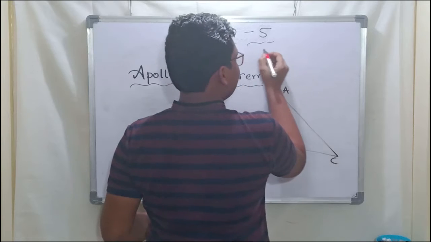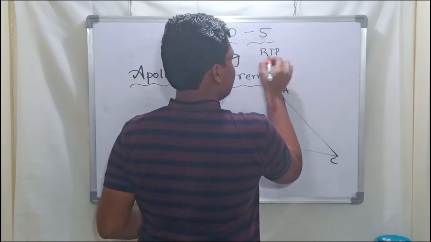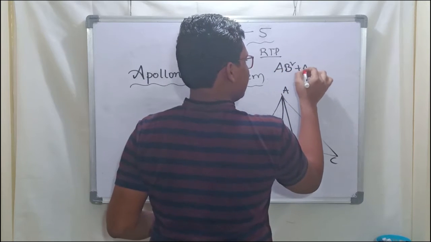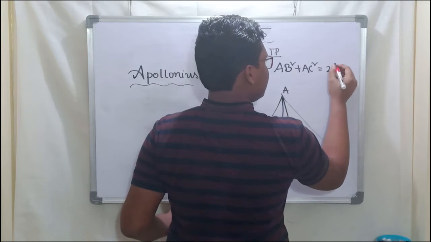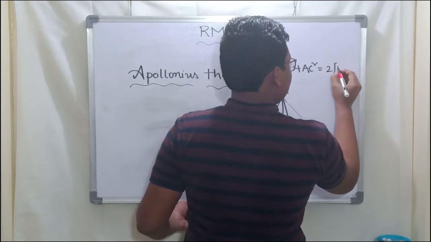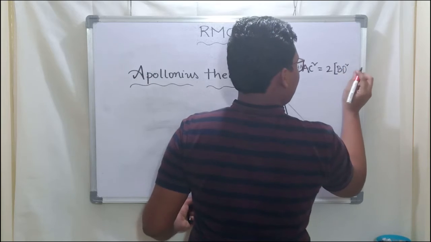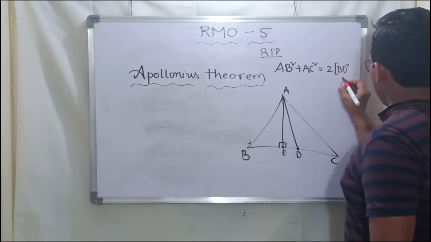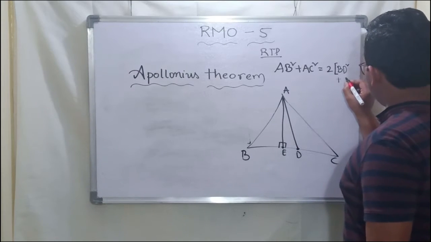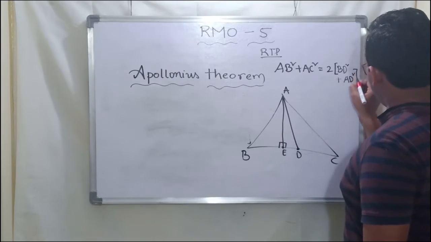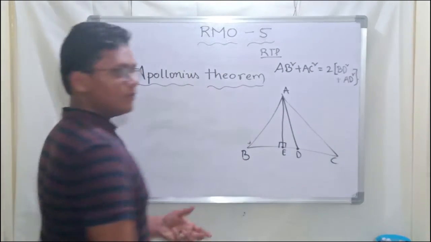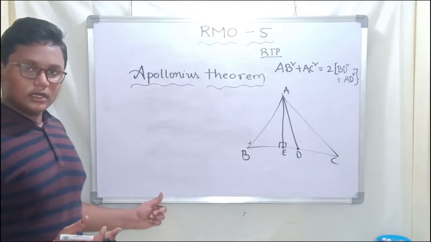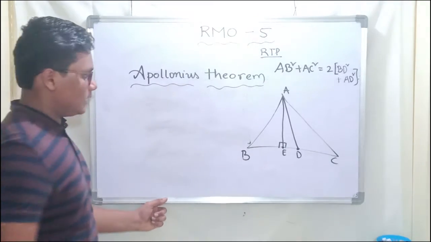I write here RTP: AB square plus AC square is equal to 2 into the square of half of BC, that is BD square, plus the square of the median AD square. We can also prove this with the length of the median, which we will discuss after the sine rule and cosine rule.